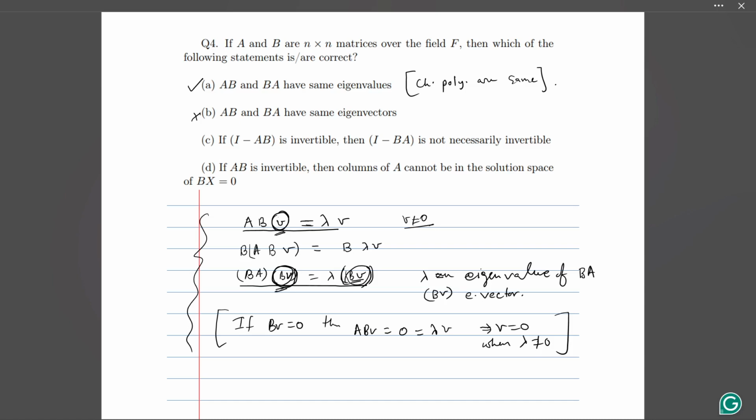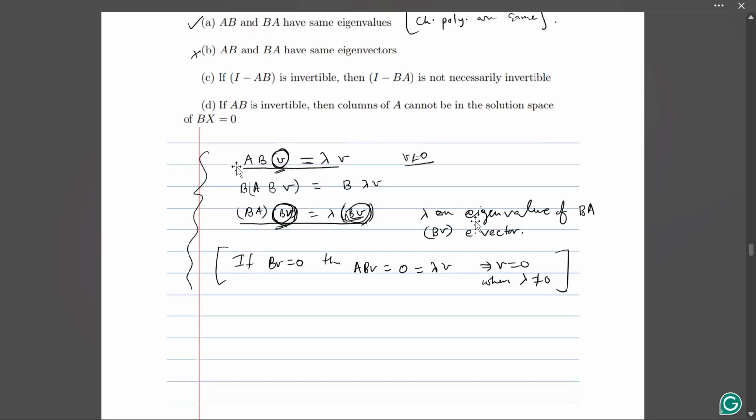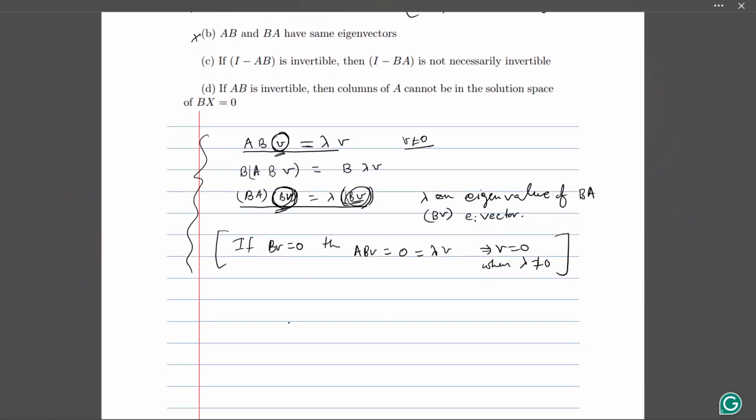Okay, so what about C? If I minus AB is invertible, I minus BA is not necessarily invertible. Let's see. If we want to show that I minus BA and I minus AB are invertible at the same time, then this result will be false.